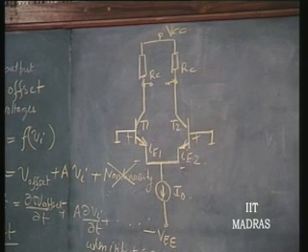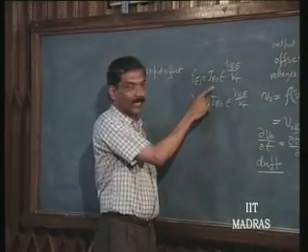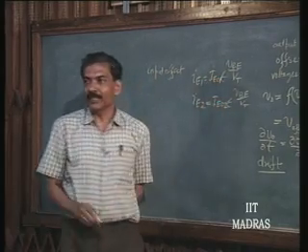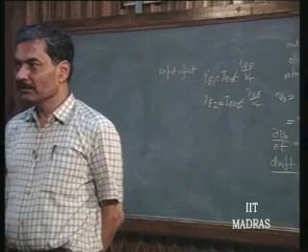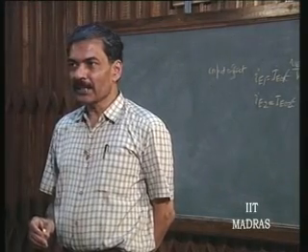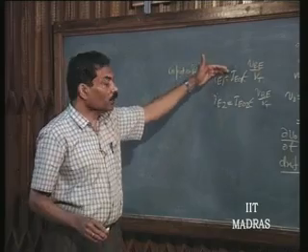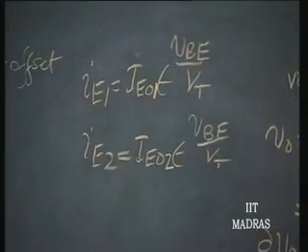But when will output offset come into the picture? When IE1 is different from IE2. That can only arise when IE01 is different from IE02, that is, the two transistors are not exactly matched. If the two transistors are not exactly matched, IE1 and IE2 for the same VBEs will be different.